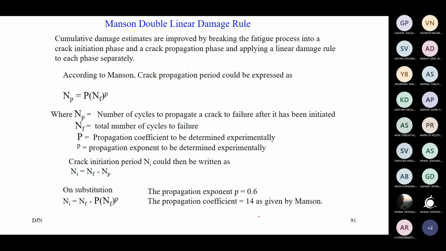Next is another linear rule, but with a little additional component here. The damage calculation is in the same fashion. Total damage D is the summation of the ratios of damages, small ni by capital Ni, where now we will differentiate this total into the life required for crack initiation and crack propagation.